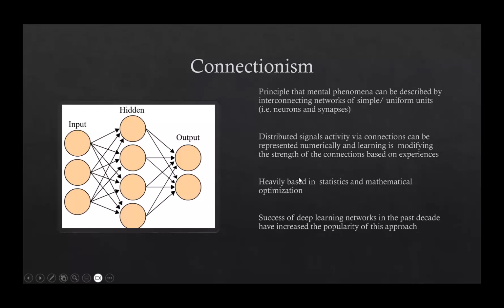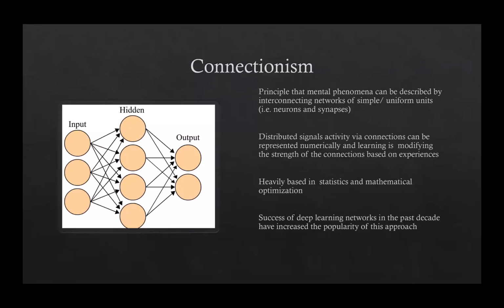The rest of the slide just goes on to describe what I basically said, where you distribute signal activity via connections that can be represented numerically. And learning is just modifying the strength of connections based on experiences. Again, this is what happens in our brain. The best way that I can describe it is, you do math in one part of your brain, and if you constantly do math problems, those neurons are constantly firing.